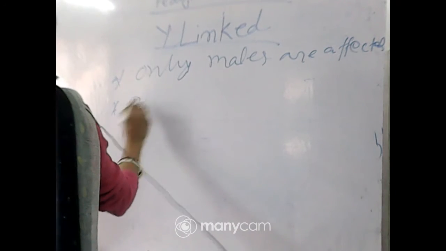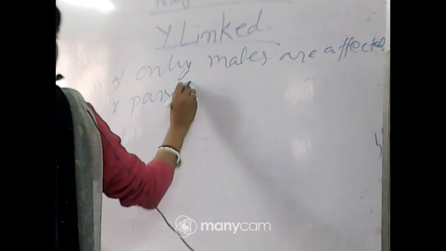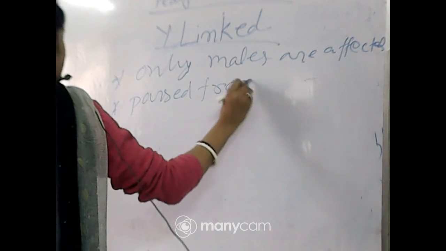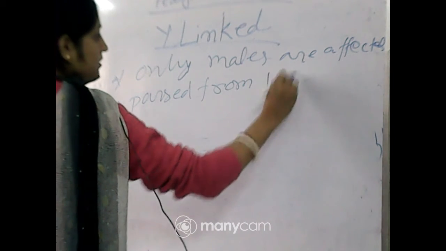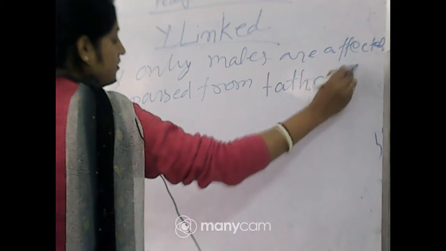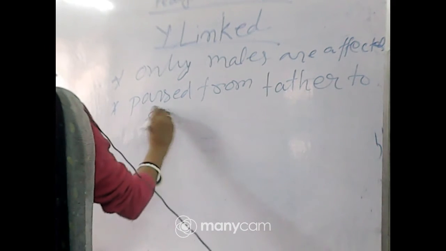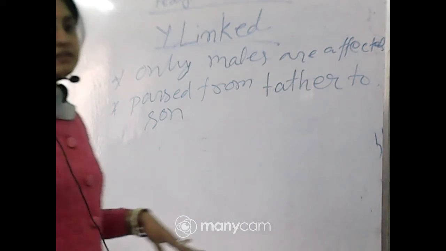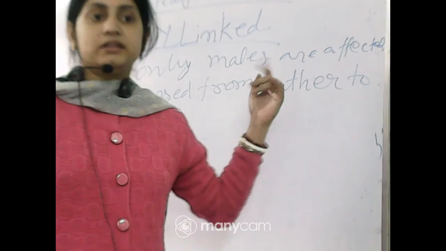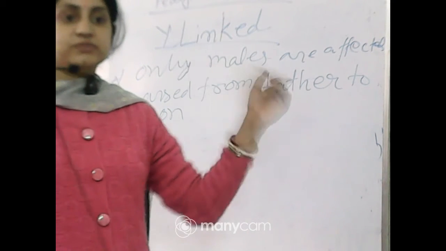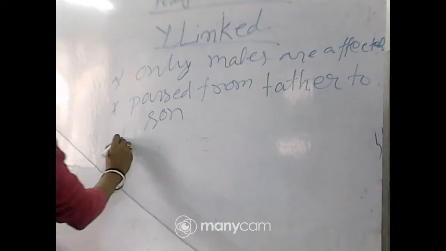Passed from father, only father to son, because only males are affected. In the case of X-linked recessive, father always to daughter, but in the case of Y-linked, always father to son.